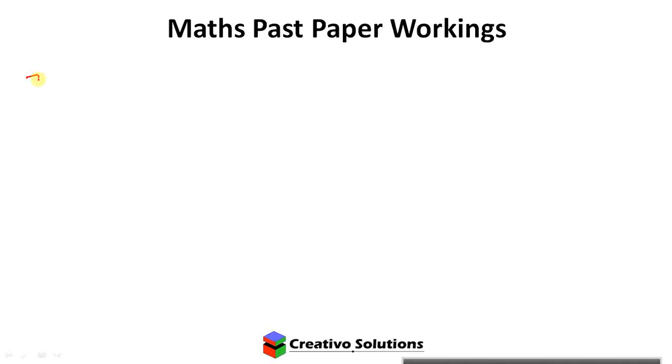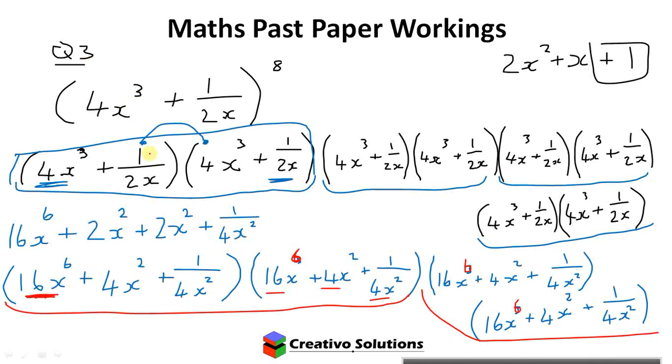So let's write that down. So this is 256x to the 12. Okay, 6 plus 6 is 12. Okay, let's go back. 16x to the 6 times that. 16 times 4 is 64. 64x to the 8.